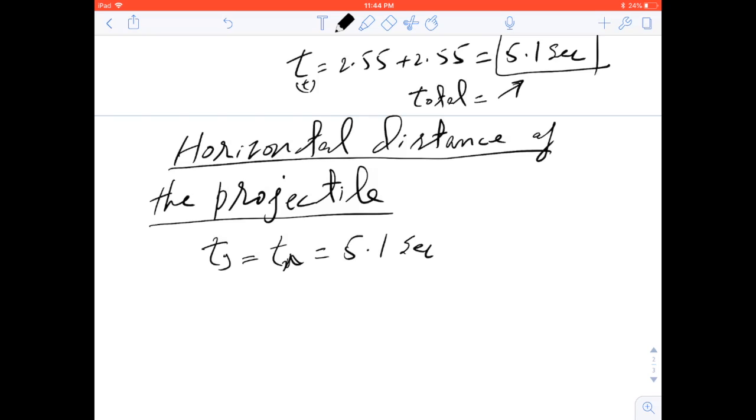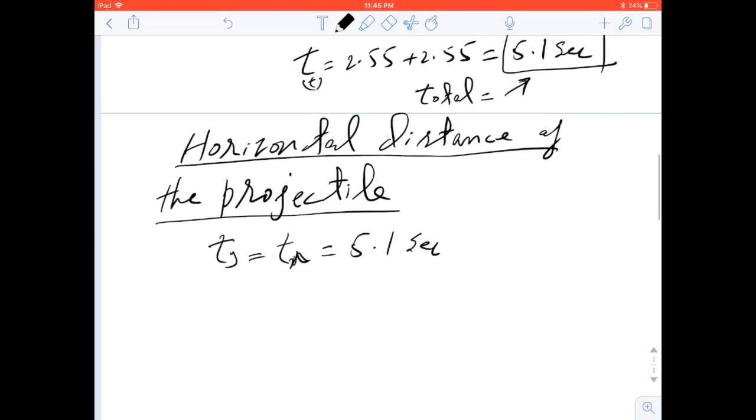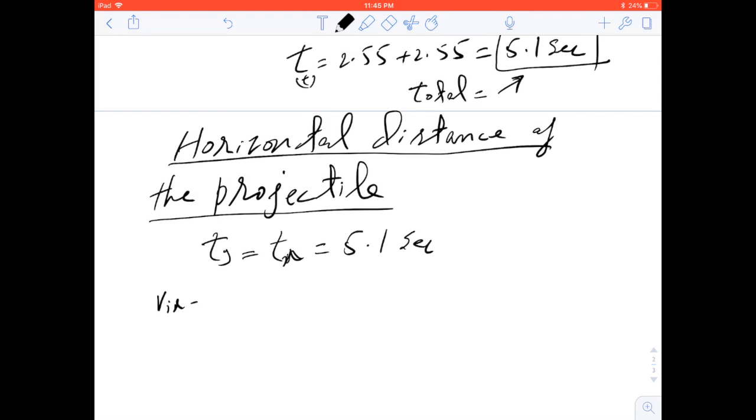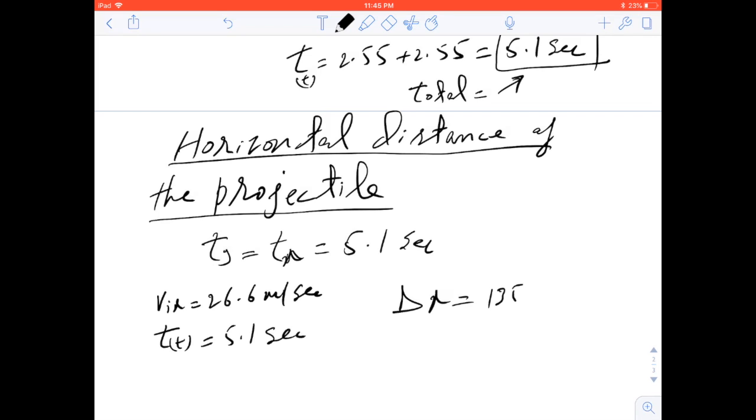If we take a look, the initial velocity of the x component is 26.6 meters per second and the total time of flight is 5.1 seconds, so we can use the equation delta x equals 135.66.